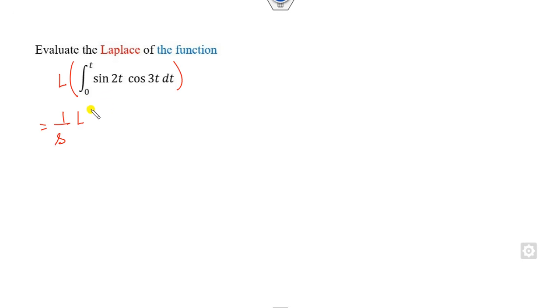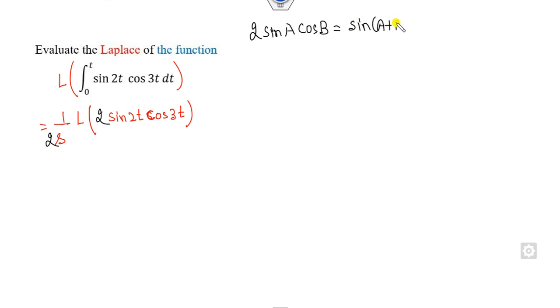Again, you can see how you can find the Laplace of this. 1 over s, Laplace of sine 2t cos 3t. So again multiply by 2, divided by 2. Again you can use the same rule, 2 sin a cos b equals sin(a plus b) plus sin(a minus b).